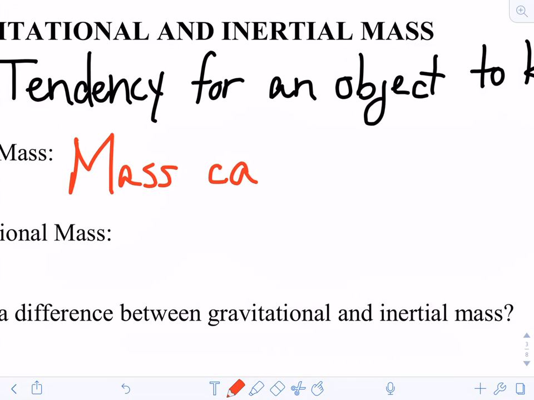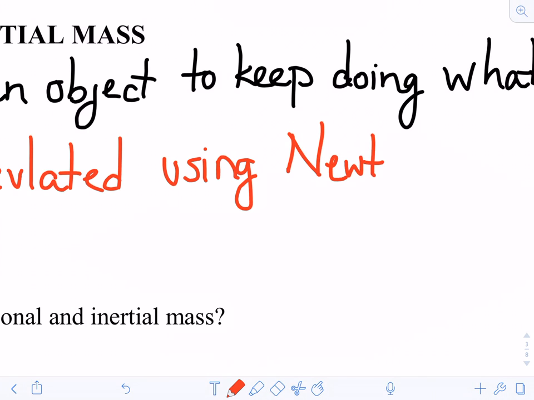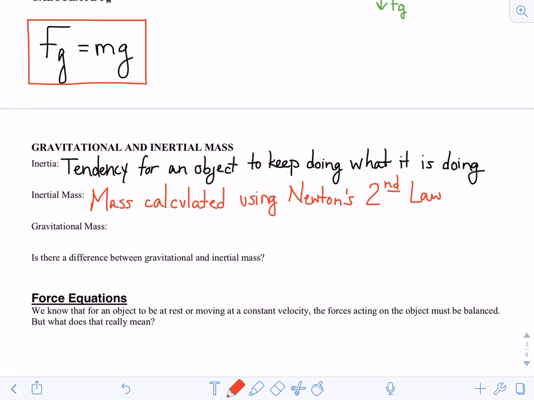So this inertial mass is the mass that is calculated using Newton's second law. Now, we have not yet talked about Newton's second law, so you probably don't have a strong idea of how you would calculate the inertial mass of an object. And don't worry, we'll get there. We just don't need to get there today.